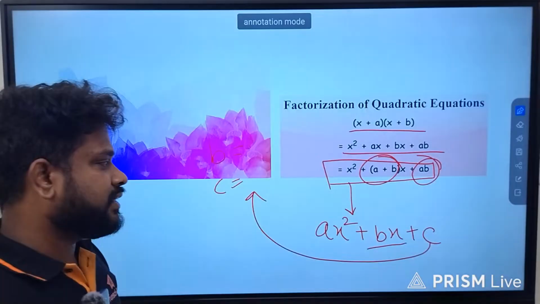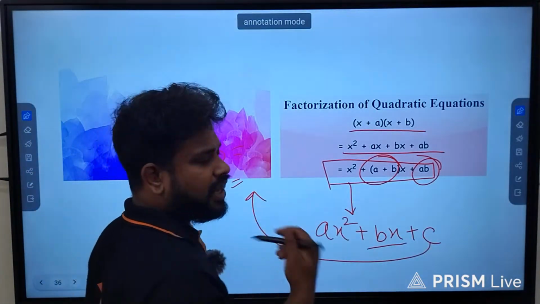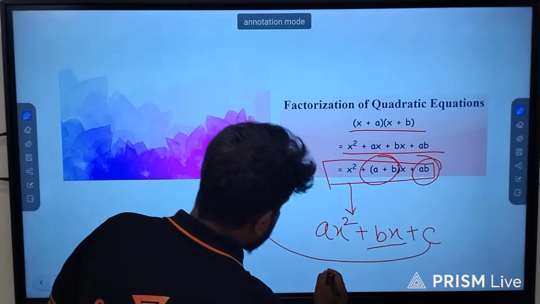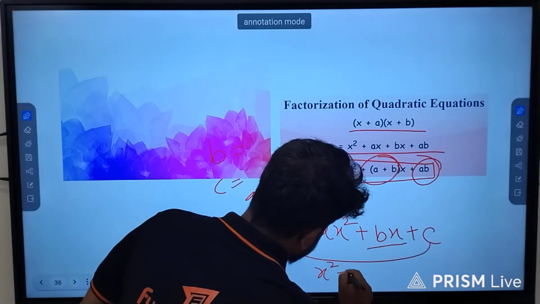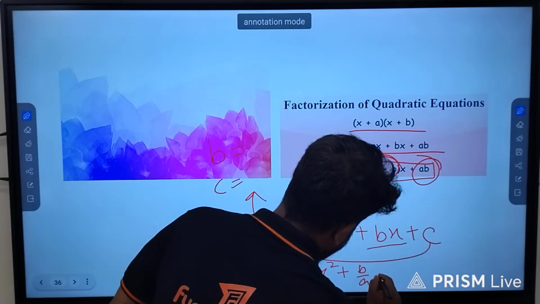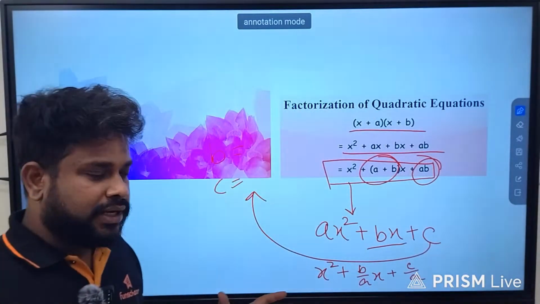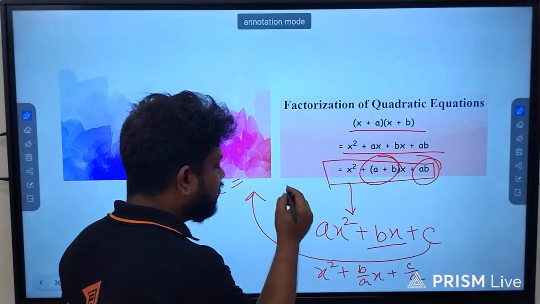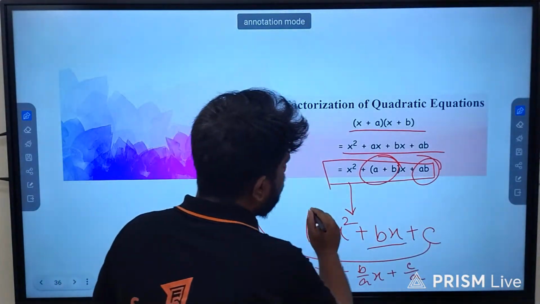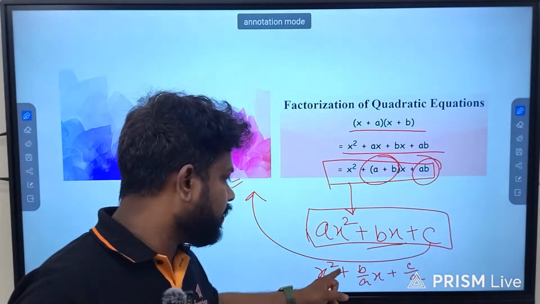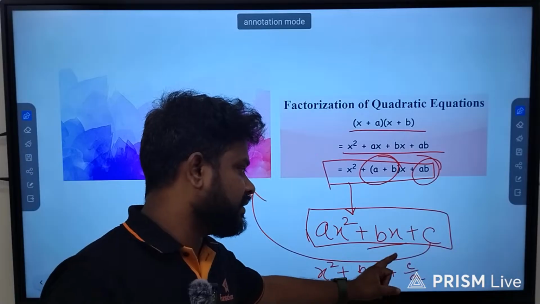So I can write it down like this: x square plus b by a into x plus c by a. What does it mean? It means I just divided the whole general equation by a, and we get x square plus b by a into x plus c by a.